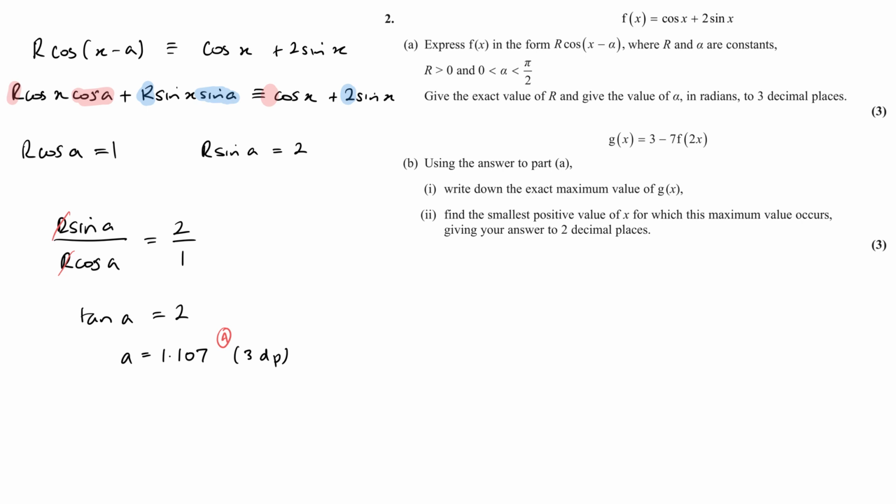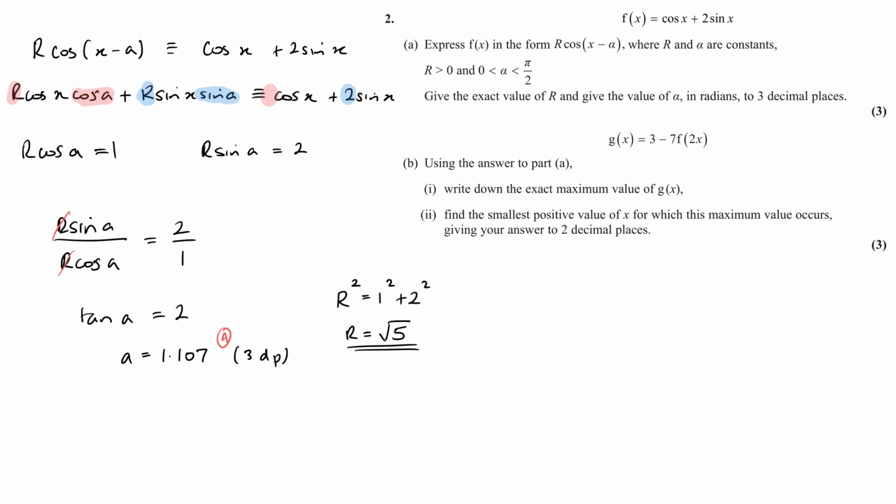Now for the next bit, I could use this angle, with one of these two equations to find r, or I can use Pythagoras. In this case, I'm going to use Pythagoras. So r squared equals 1 squared plus 2 squared, so r equals square root of 5.